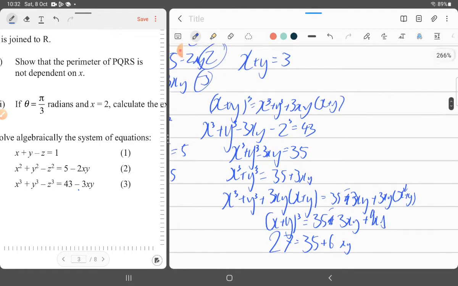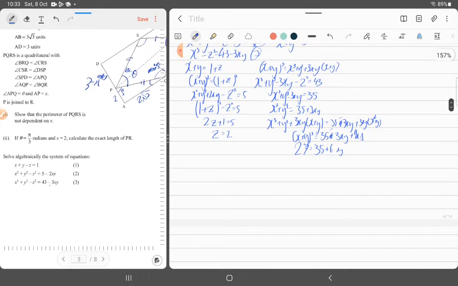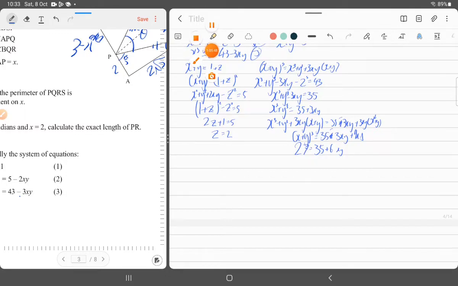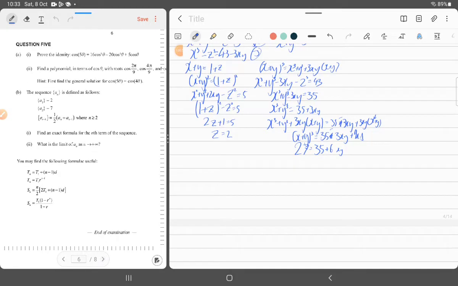X plus y is equal to 3, yeah. Take away 3. See, I'm already now into question 2. Oh, this is going to be a pain.